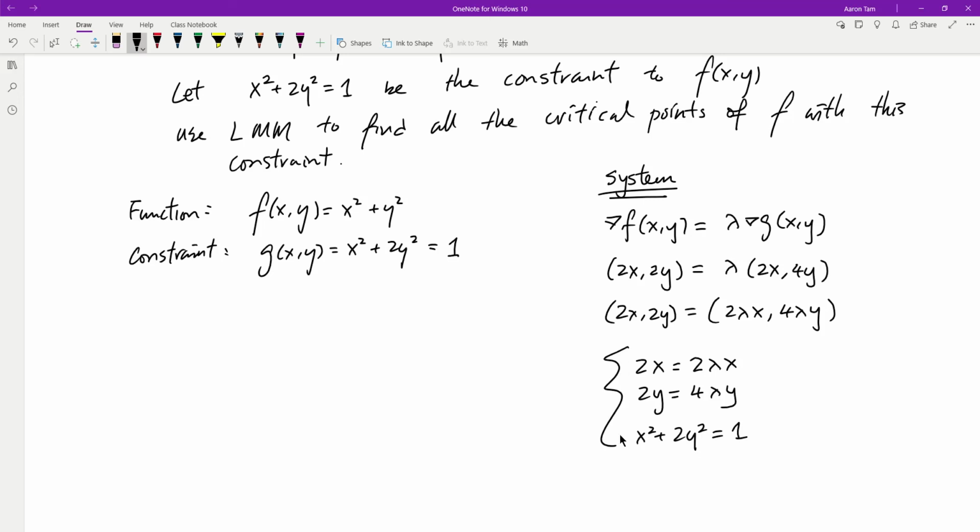And that forms our system of equations. Important to understand is that gradient of f equal to lambda gradient of g generates multiple equations. It always generates the same number of equations as the number of independent variables, and then you add on the constraint.